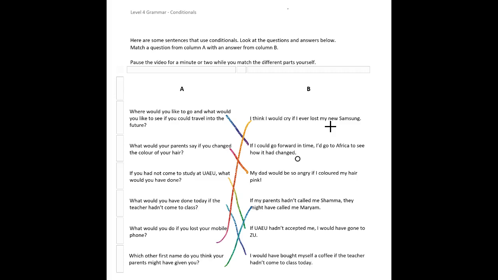And in the second sentence, if I could go forward in time, it begins with if. So in column B, which of the answers show the second conditional? It's the first three. And which of the answers show the third conditional? That's the last three, of course.